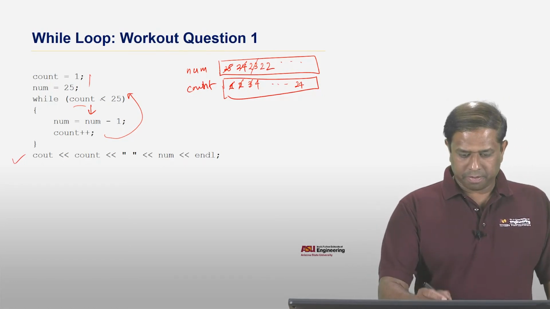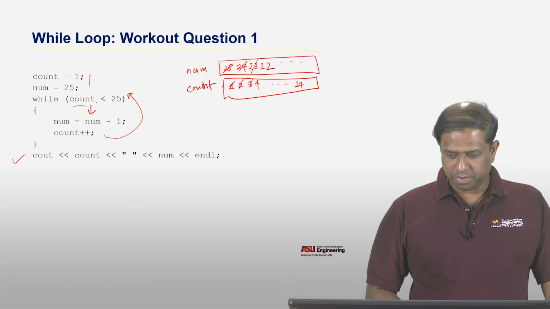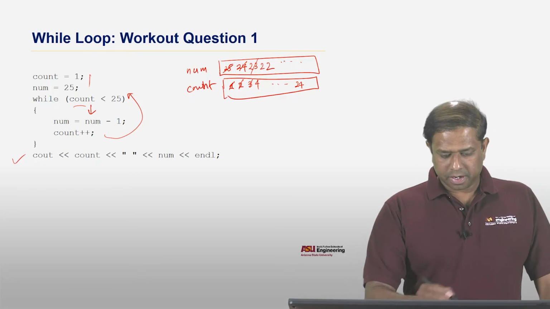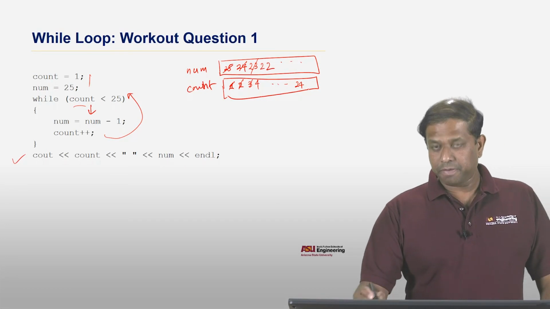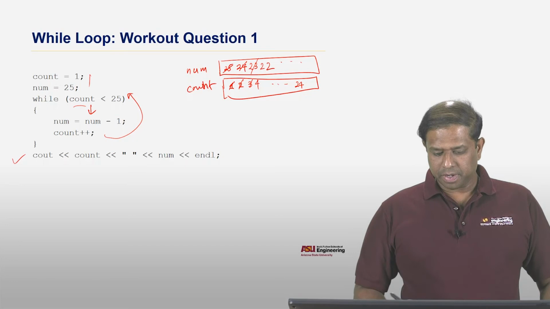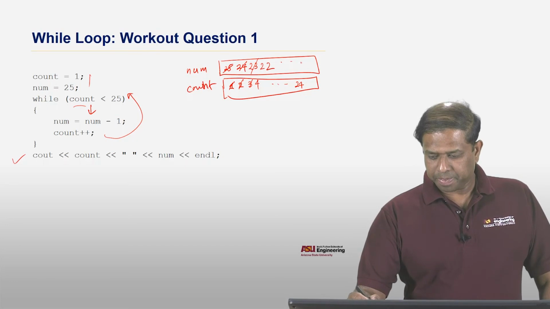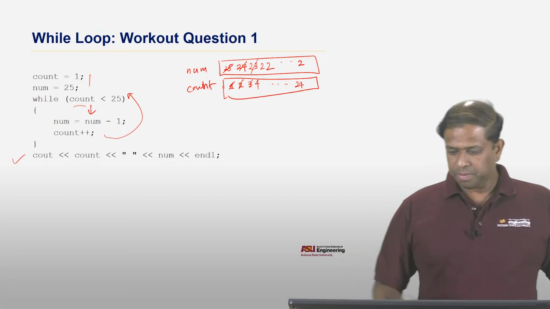So then 24 is less than 25, that's true. So then we deduct 1 from the number. So when you go through 24 times, then the number will already be 2.